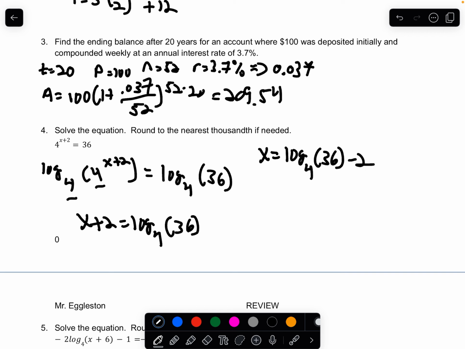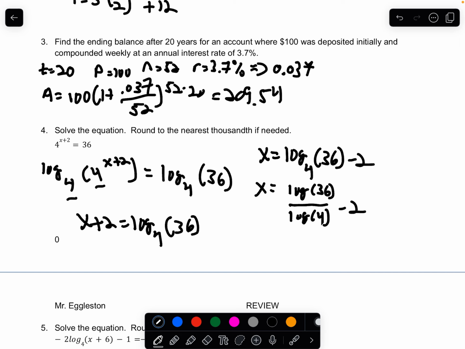So using my calculator and the change of base, remember log base 4, you can think of that as log of 36 divided by log of 4 minus 2. That's the change of base. Okay, so let's see.